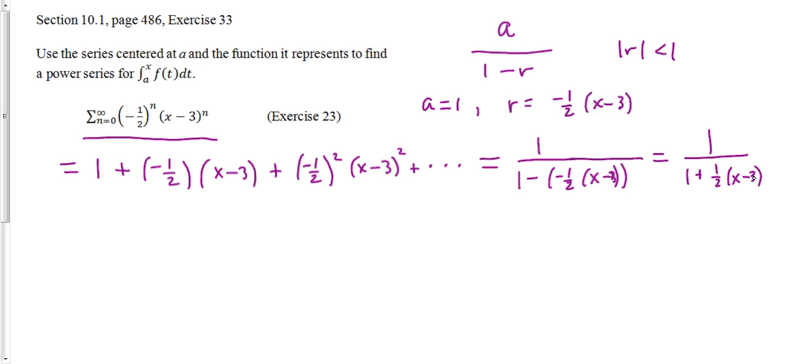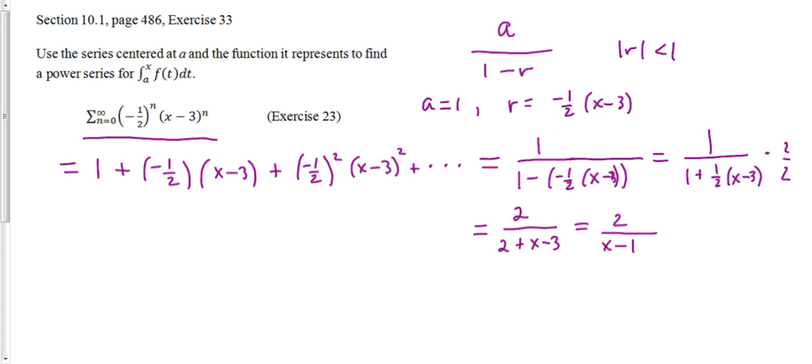Then I'm going to multiply both the numerator and the denominator by 2, and that gives me 2 over 2 plus (x minus 3). Cleaning up the algebra in the denominator, I end up with 2 over (x minus 1).